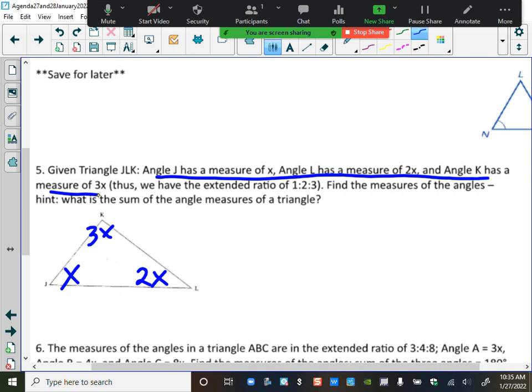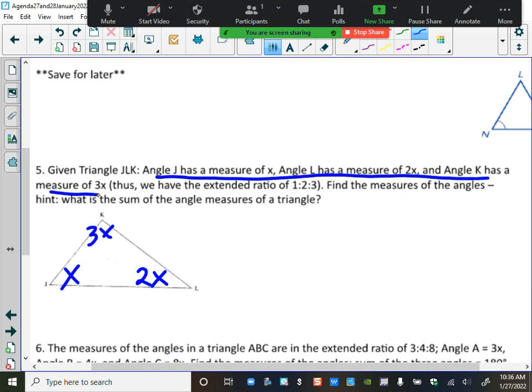All right, now we want to try to figure out what the measures of these angles are. Why is there an X behind it?